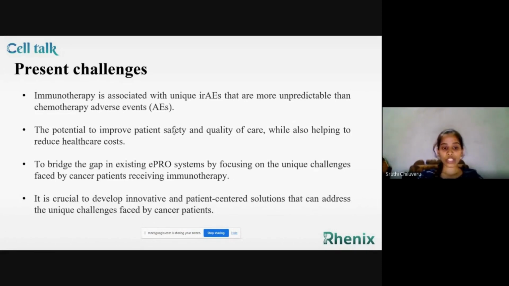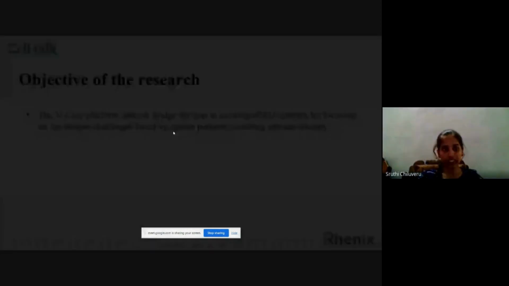It is crucial to develop innovative and patient-centered solutions that can address these unique challenges faced by cancer patients.